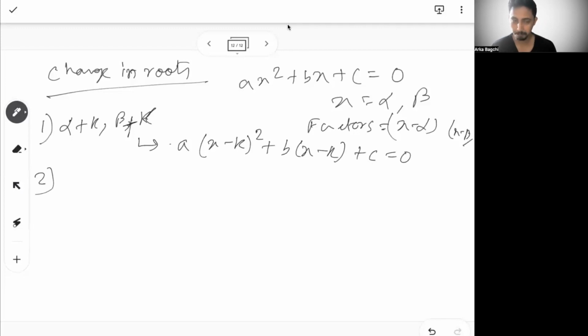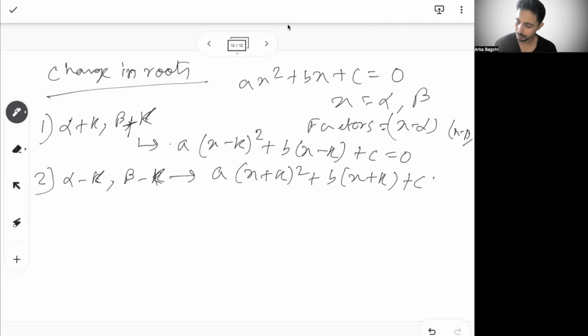Right? In the second case, let's say the roots become alpha minus k, comma, beta minus k. Your equation will become a into x plus k whole square, plus b into x plus k, plus c equal to 0. Third case, let's say the roots are getting multiplied by k, roots become alpha k and beta k.